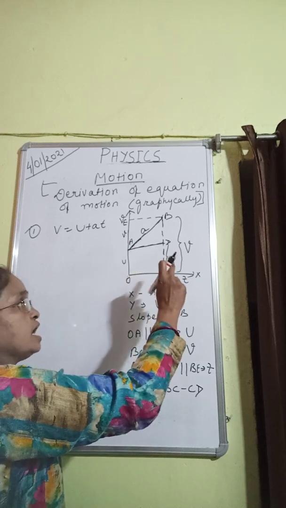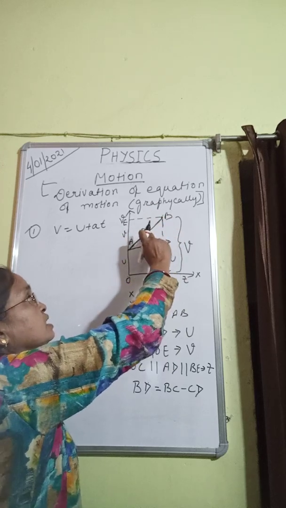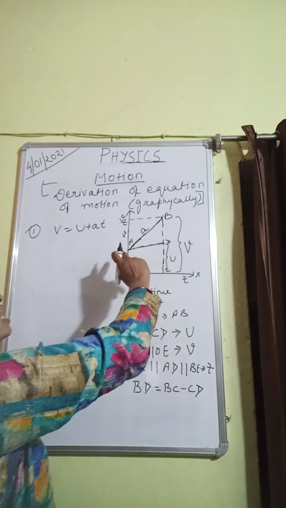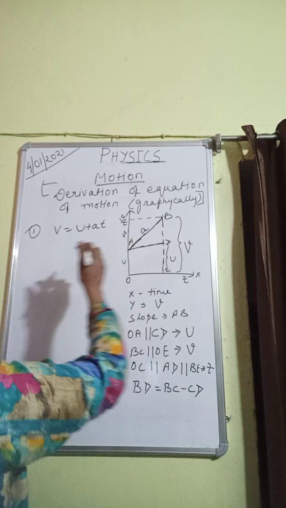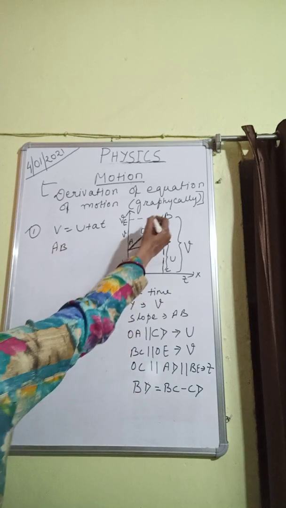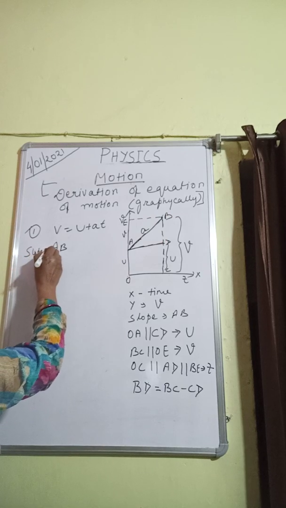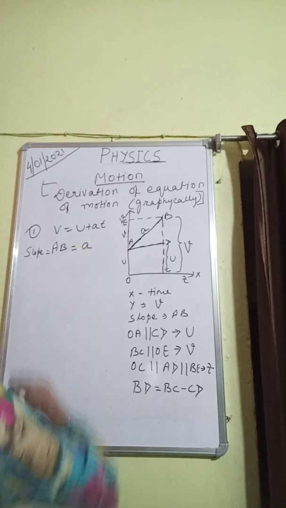After a certain time t, it reaches its final velocity v with acceleration a. So from this total, simply what have we got? AB, the slope of the graph. Slope is equal to AB and AB is equal to acceleration a.